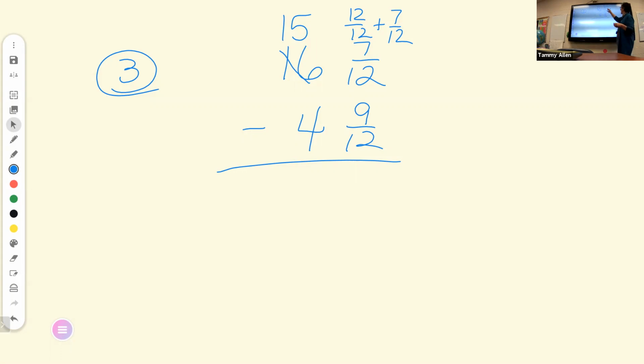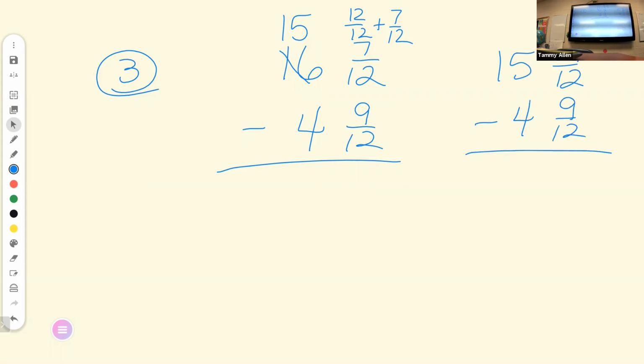What is my new mixed number over here that I'm going to use? Kyler? 15 and 19/12. There we go. Minus 4 and 9/12. What do I have left? 11 and 10/12, but not in lowest terms.